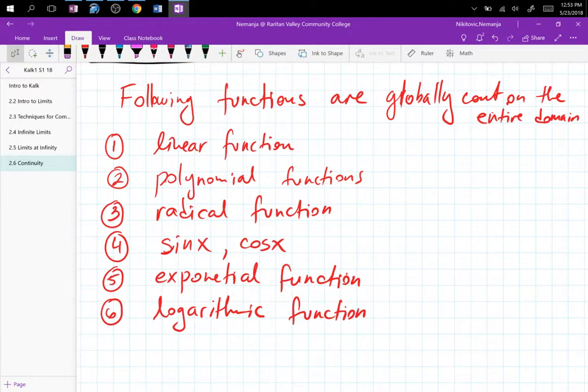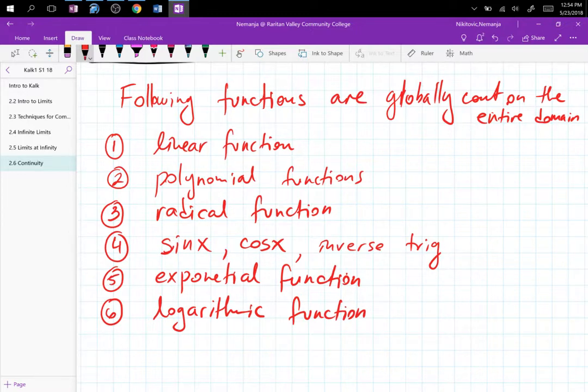Now you also have inverse trig. The inverse trig functions are all continuous because they're very small pieces that are continuous. That's on the list as well. So is tangent not continuous?